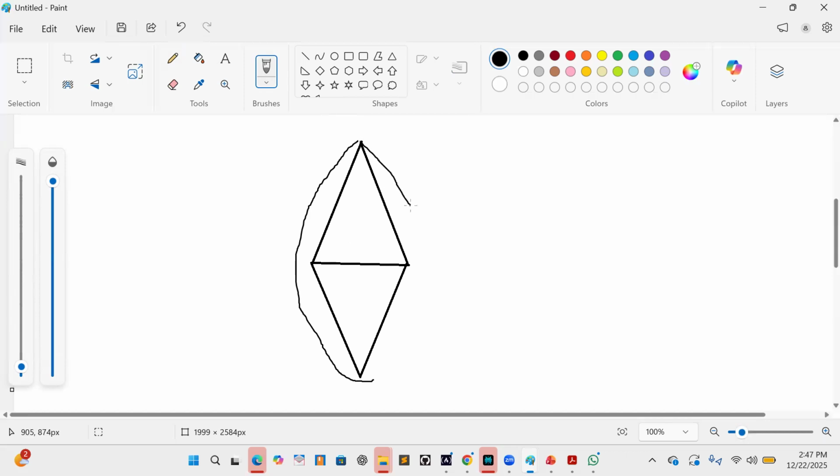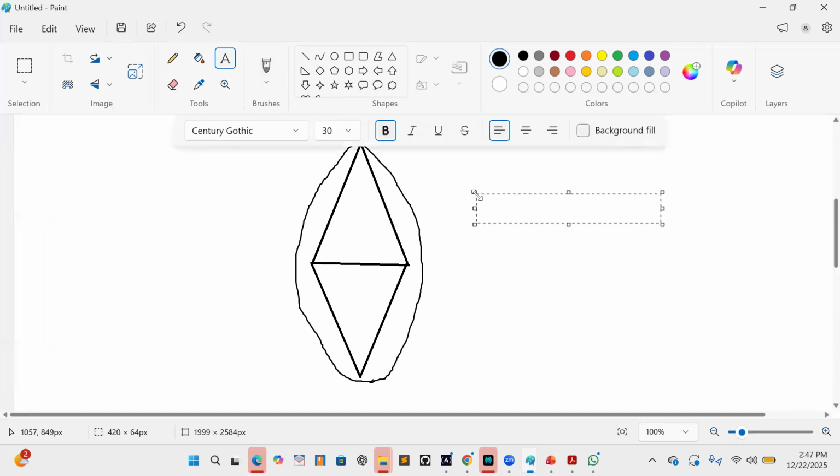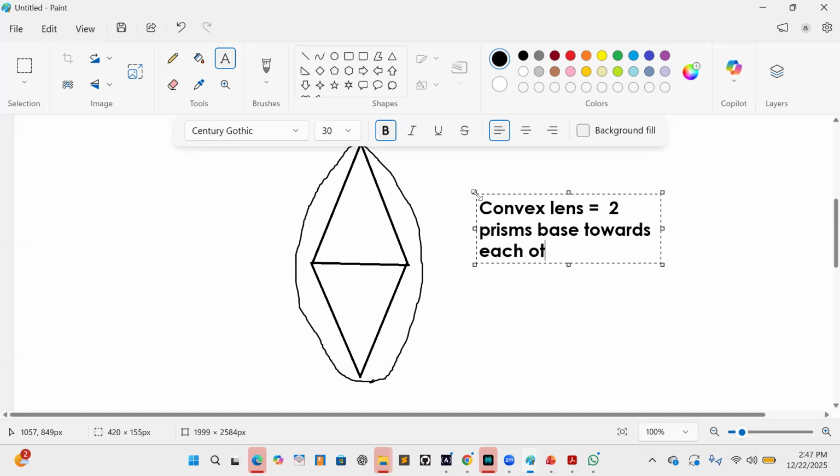You need to understand this to understand the prismatic effect and how you can correct this image jump. So a convex lens features two prisms with bases facing towards each other.